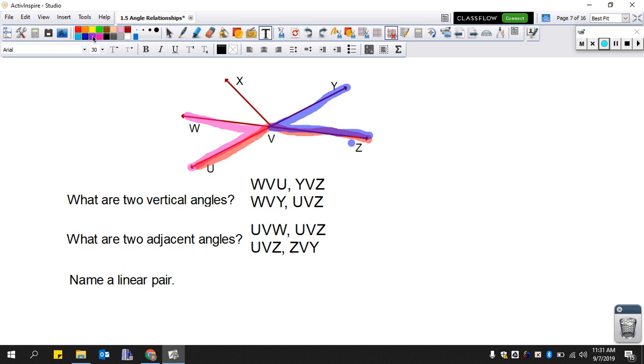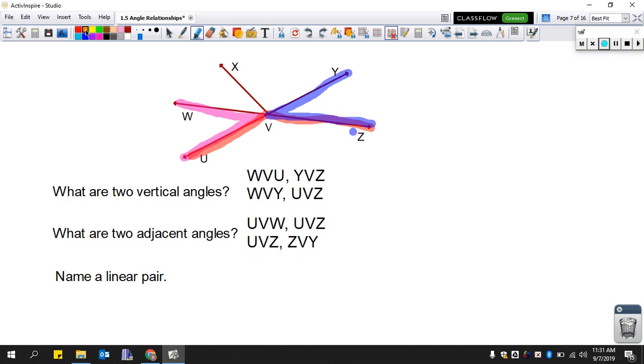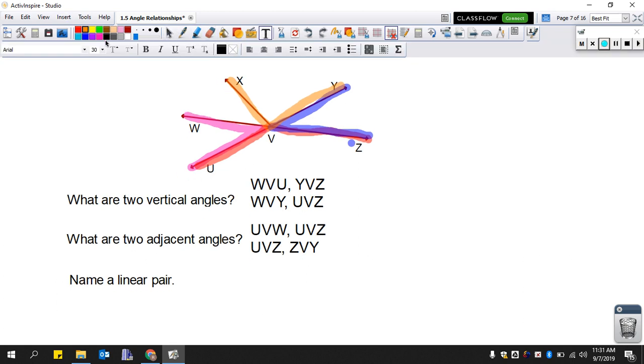ZVY, the blue one, and then YVX, the orange one. Okay. So we have ZVY and then YVX.